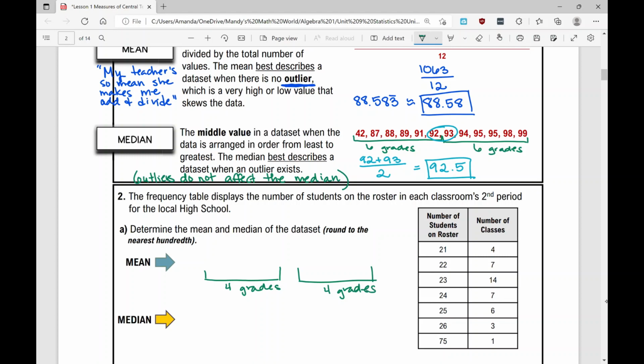That's 8 grades. That 9th grade would be right there in the middle, right? When I have one number in the middle, that is the median. When I have 2 numbers in the middle, I need to find the mean of those values to find the median. So let's move on to example number 2.